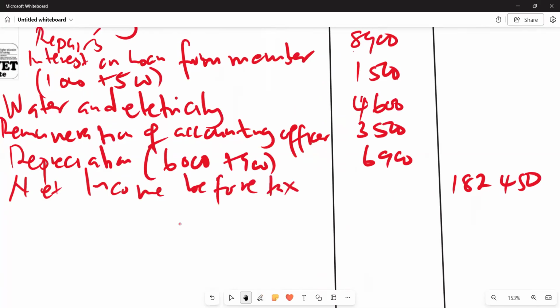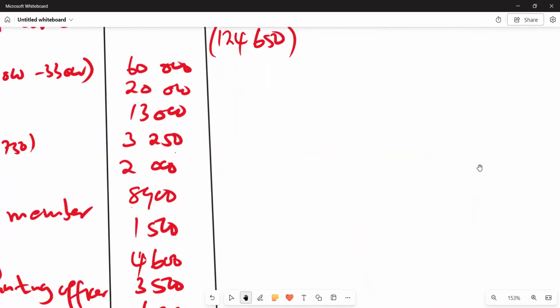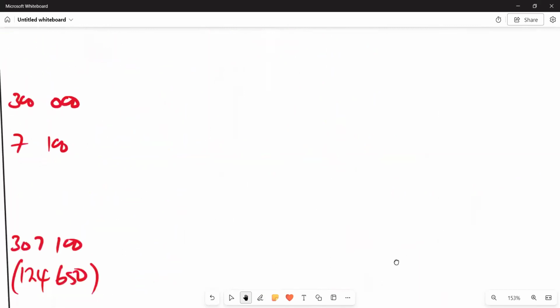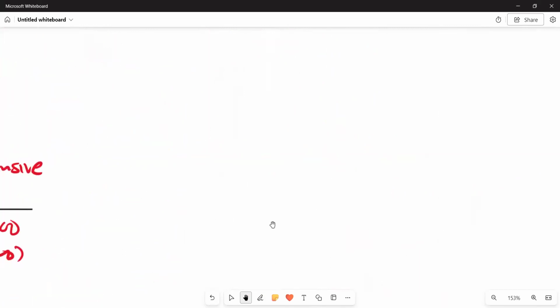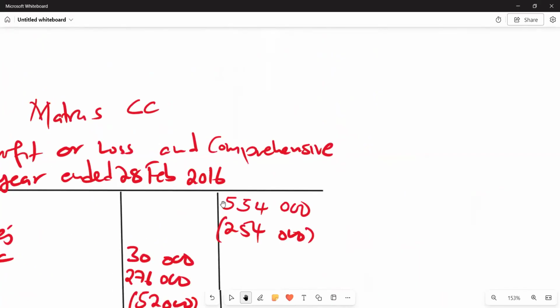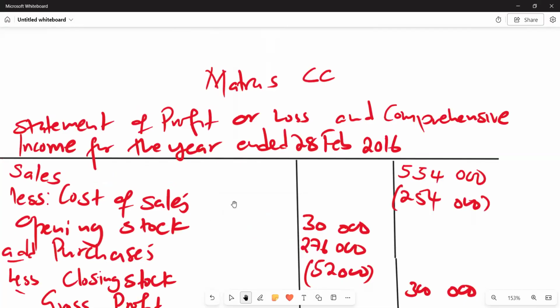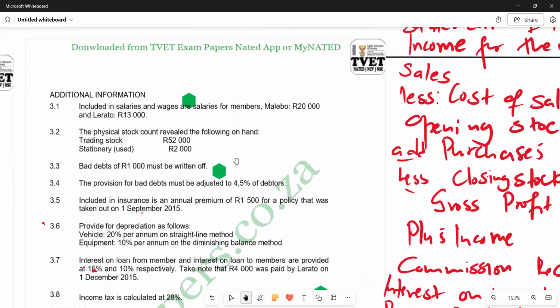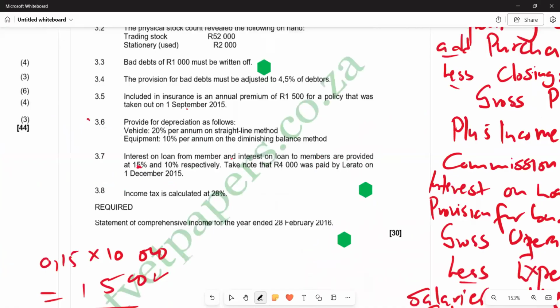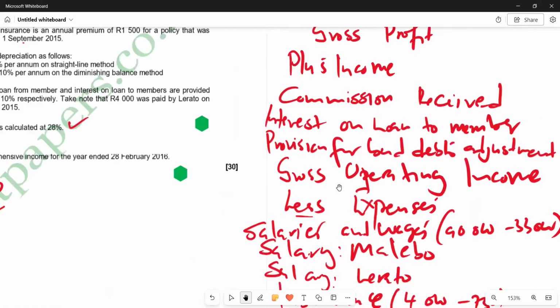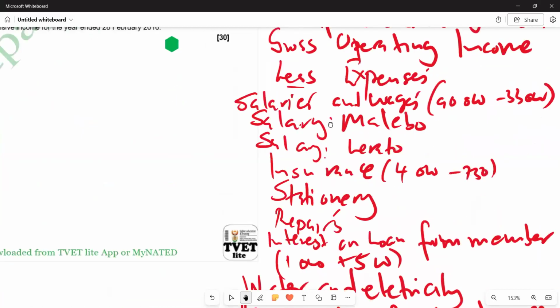And we have to go and check the issue of tax. How is it going to be charged according to this question? The issue of tax, you can always find it in the additional information. So if you come here, you see that income tax is calculated at 28%. Very important. So we are now saying the figure that we got before tax times 28%.